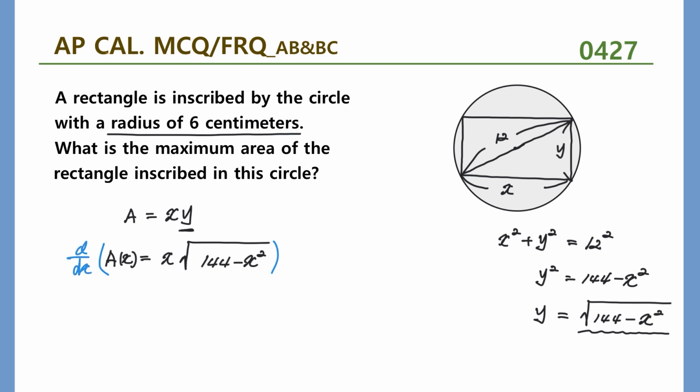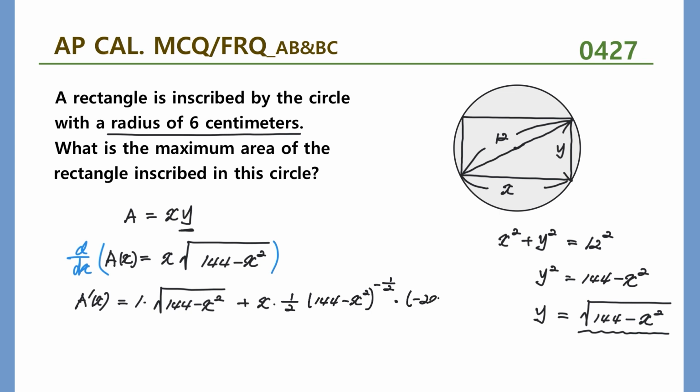A prime of x is equal to, we're going to apply the product rule since this is x times the square root of 144 minus x squared. The derivative of x is 1, times the square root of 144 minus x squared, plus x times the derivative of the square root of 144 minus x squared. That's 1/2 times 144 minus x squared to the power of negative 1/2, times the chain rule: the derivative of 144 minus x squared is minus 2x.